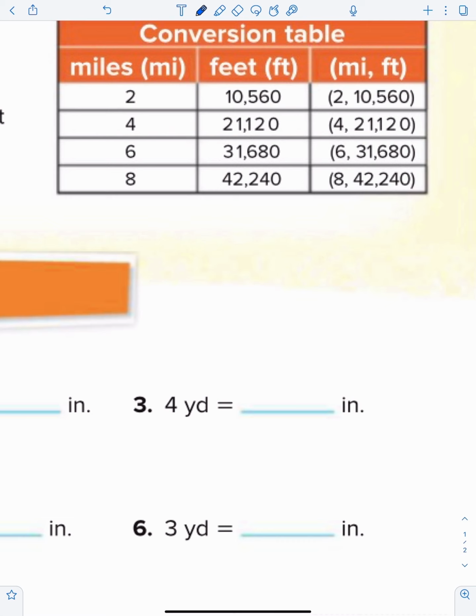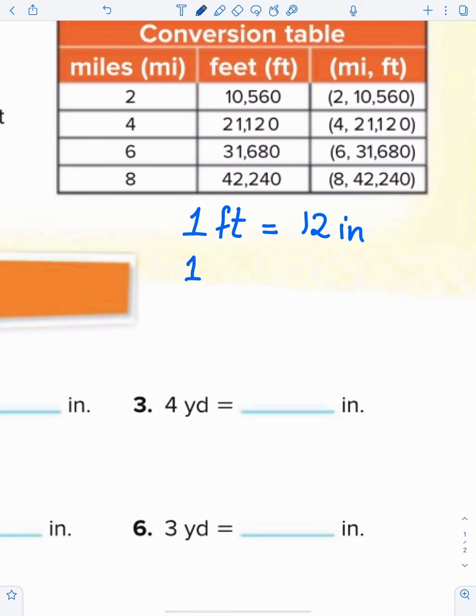I know that 1 foot, I can write it as FT as an abbreviation to make it short, 1 foot is equal to 12 inches. This is the first piece of information that you need to know. When there's only one, I'm gonna say foot. But when there's many, like 2, 3, 4, we're gonna say feet. So 1 foot is equal to 12 inches.